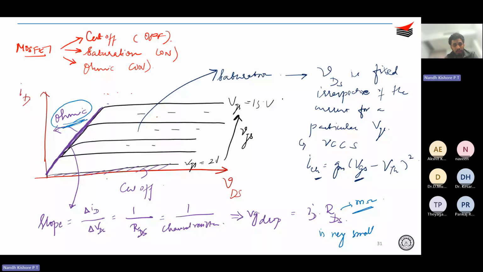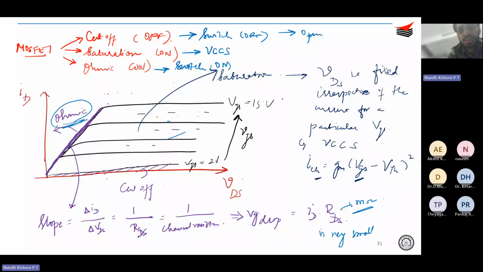Here we want the MOSFET to operate as a switch. In cutoff, you are operating the MOSFET like a switch. In saturation, the MOSFET operates as a voltage controlled current source, and in the ohmic region, it is a switch. It's an on switch and it's an off switch, meaning this is open and this is a short.